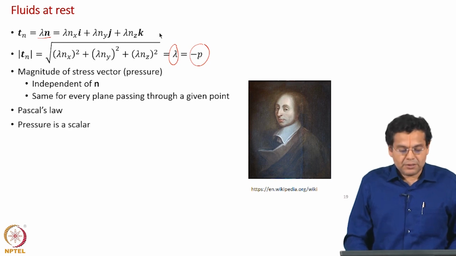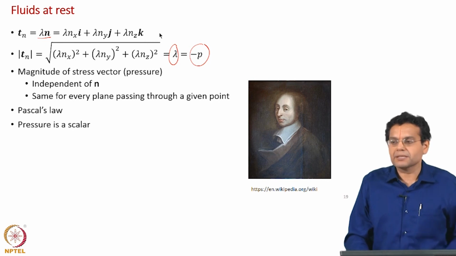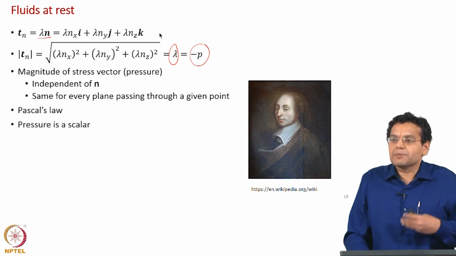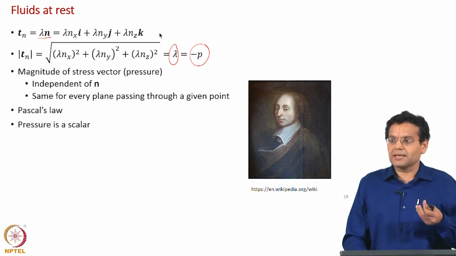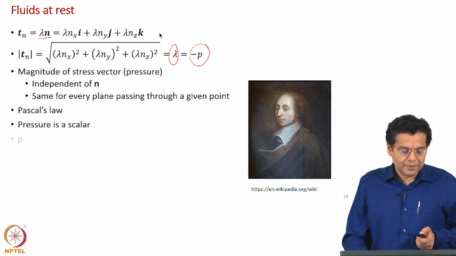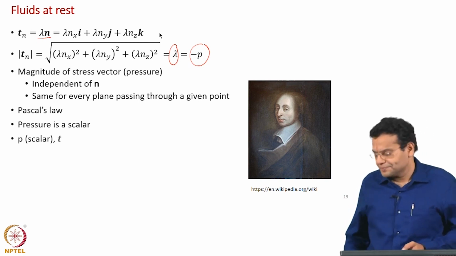Okay. And that is why pressure is a scalar. Why? Of course, we know that any quantity which is independent of direction is a scalar, like density, temperature, etc. Only difficulty is it is a little bit difficult to understand pressure as a scalar. Reason is very simple. That I will explain now.